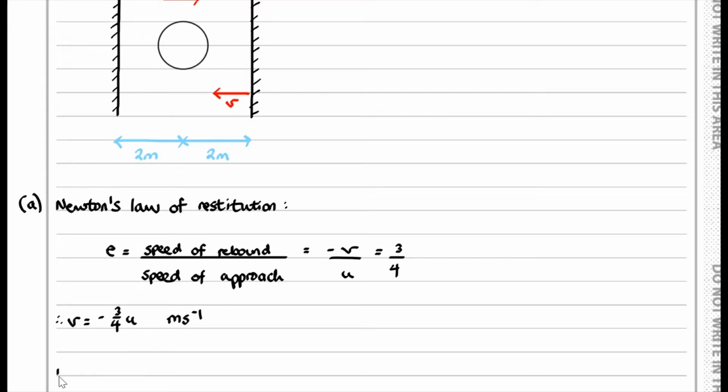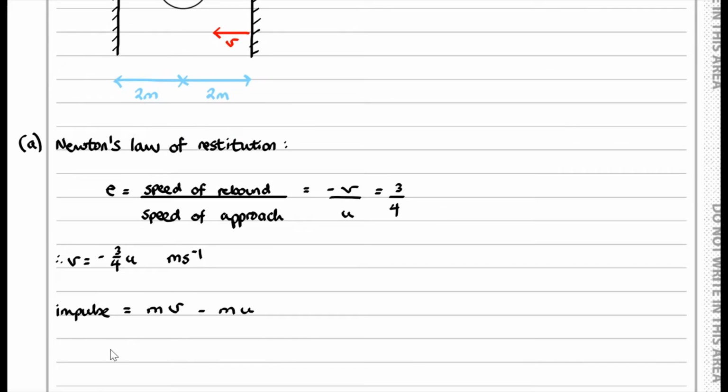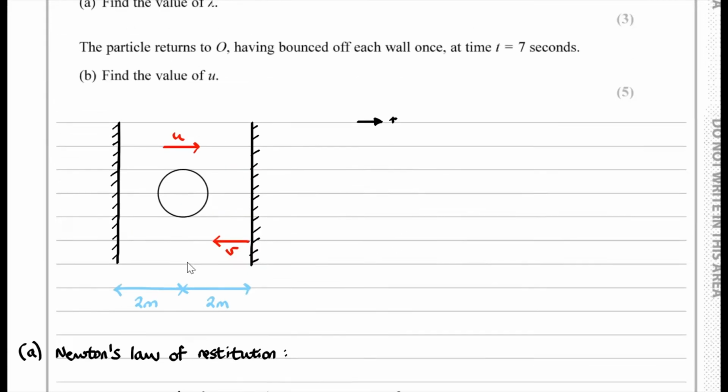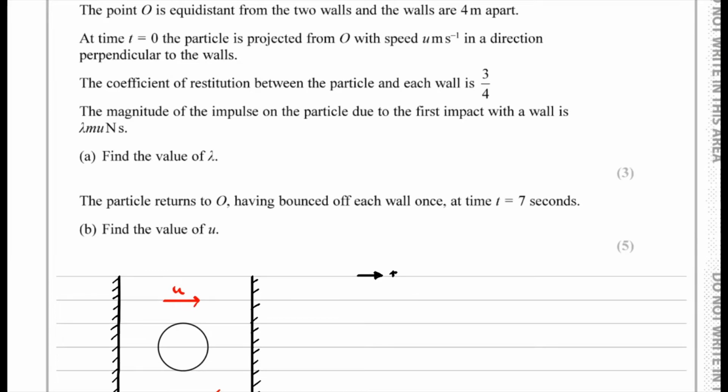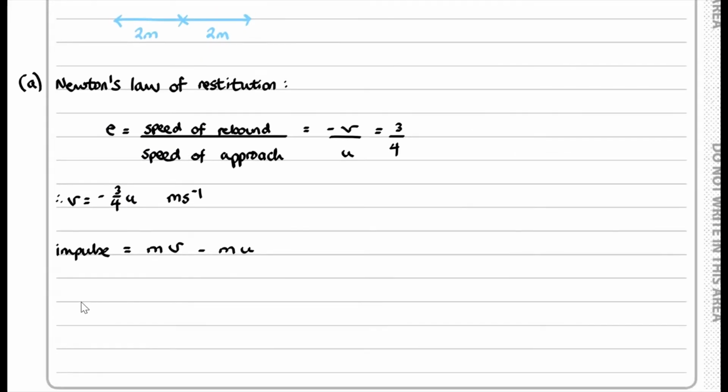And we also know that the impulse is equal to mv minus mu. So we have the impulse, which we know already to be lambda mu. So we have lambda mu equals m times v. Remember, v was -3/4 u.